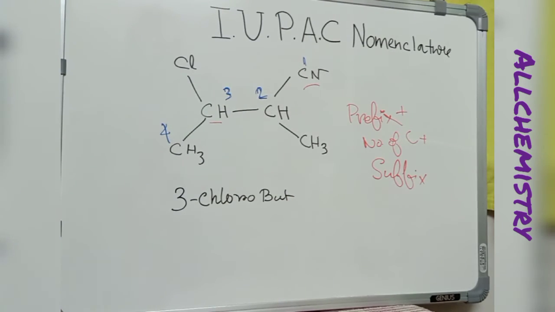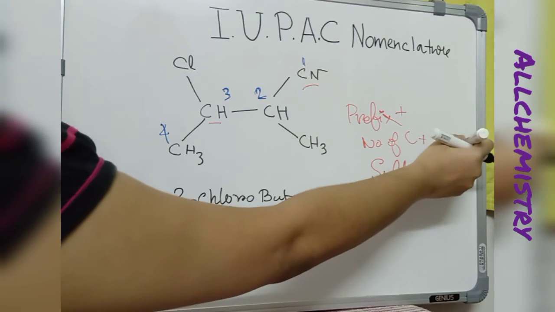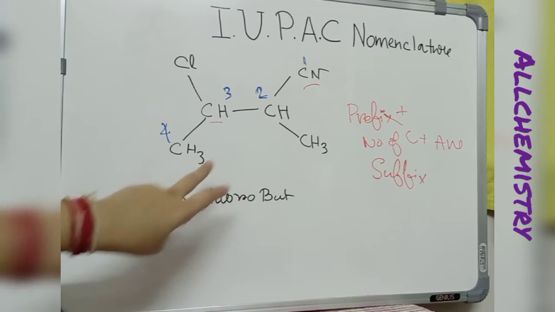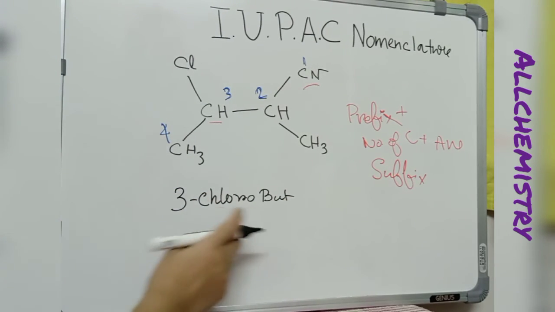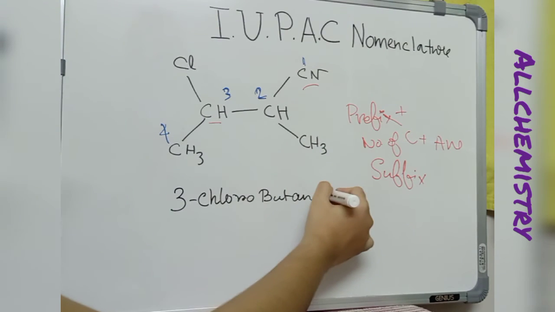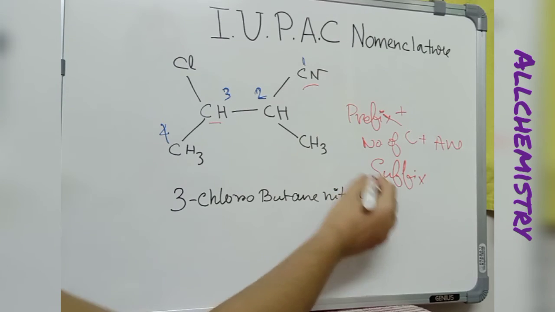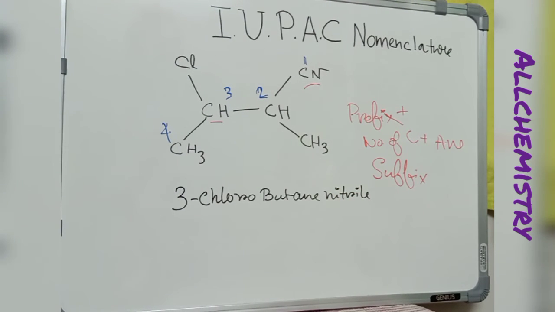Then after the number of carbon we have to add an, en or yne. We will add an here because there is no double bond. So we will write 3 chloro but, an and nitrile. So the name becomes 3 chloro butanenitrile. Okay.